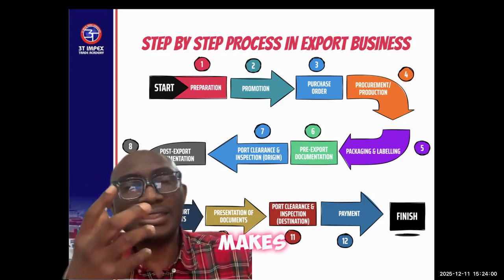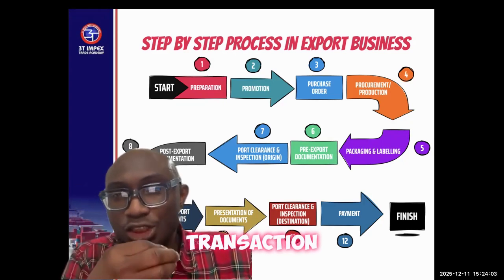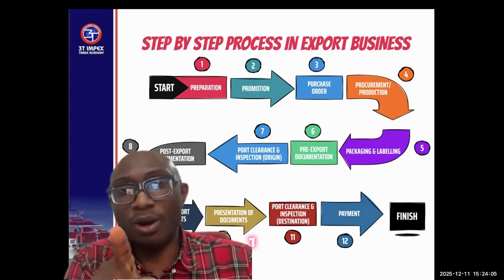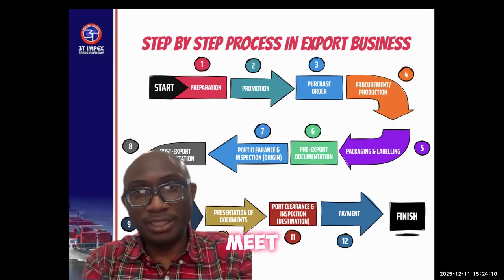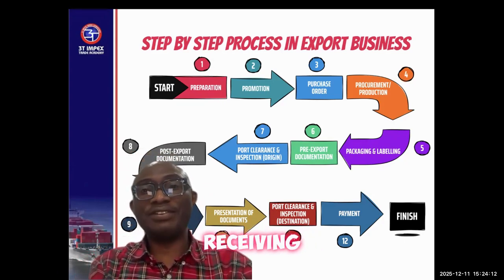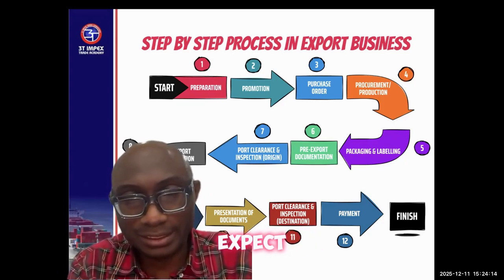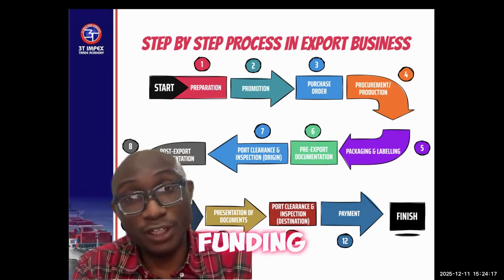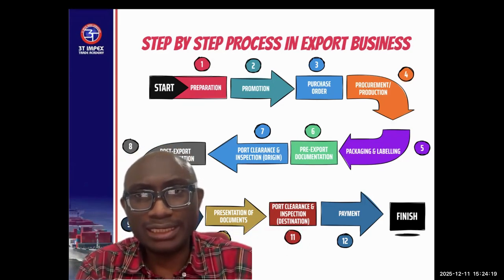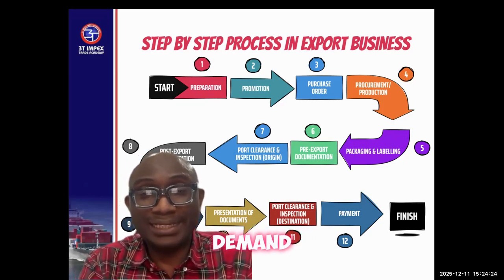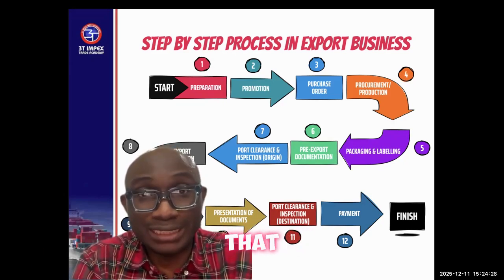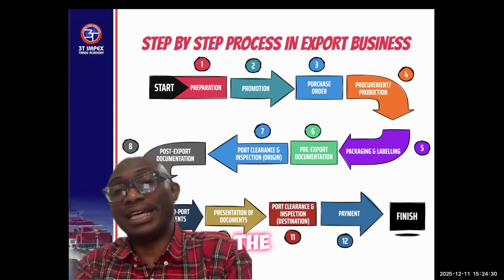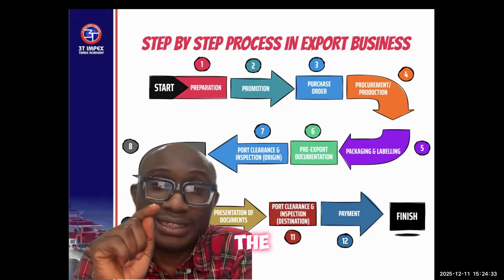All this makes the transaction detail clearer, number one, for the exporter that wants to ship to ensure it meets the terms, for the importer that is receiving goods to know what to expect, and for the bank that is funding to be sure they are funding a product that is viable with good demand in the export market, and to be sure of the terms and conditions.